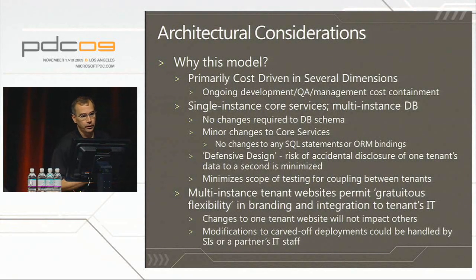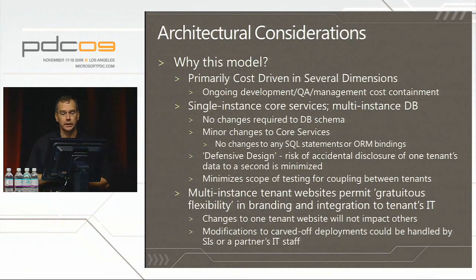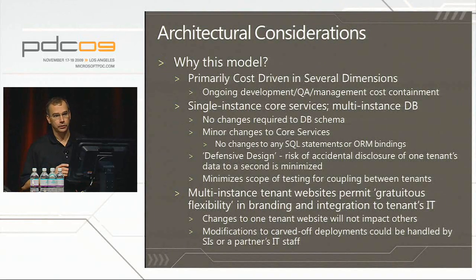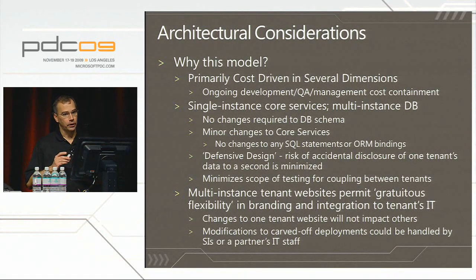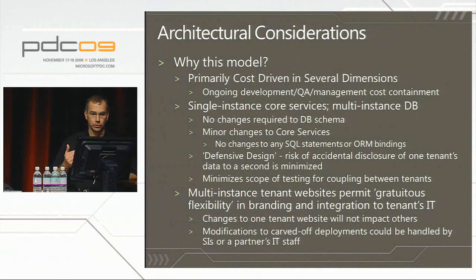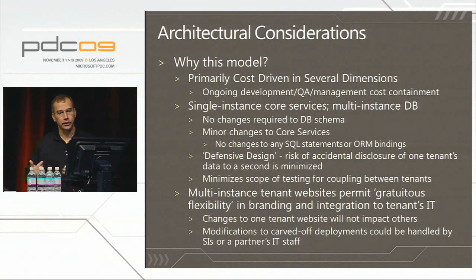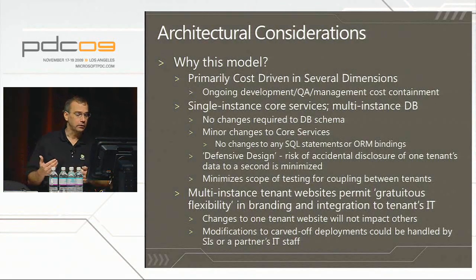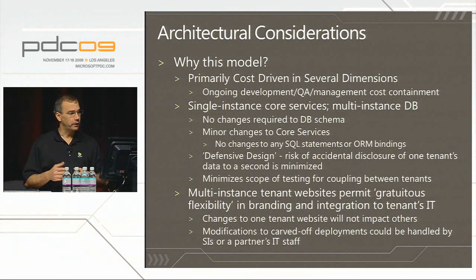So what were the architectural considerations? Why did we do it this way? It's primarily cost-driven in multiple dimensions. No surprises there. What we really wanted to concentrate on was cost containment for ongoing development, QA, and operations management. So the single instance shared core services with a multi-instance database basically allowed us to very quickly move and implement with no changes to our database schema.